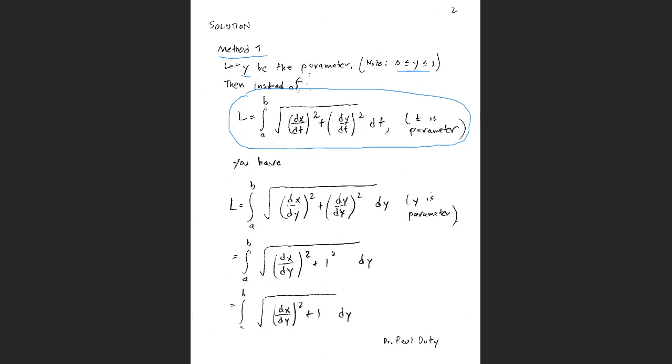But if we decide that y is going to be our parameter, we can replace everywhere we see a dt with a dy. Because if we let y be the parameter, then instead of dt, you'll have dy. It's a different parameter, but it goes in the same place in the formula.